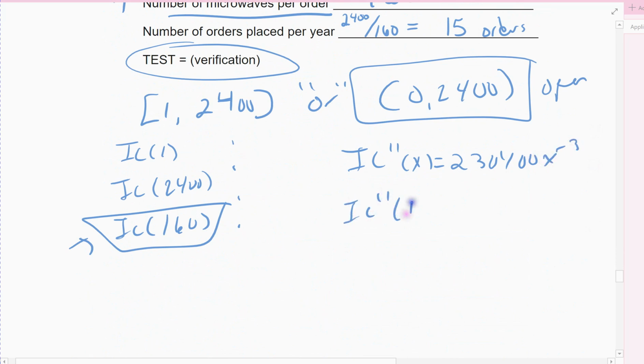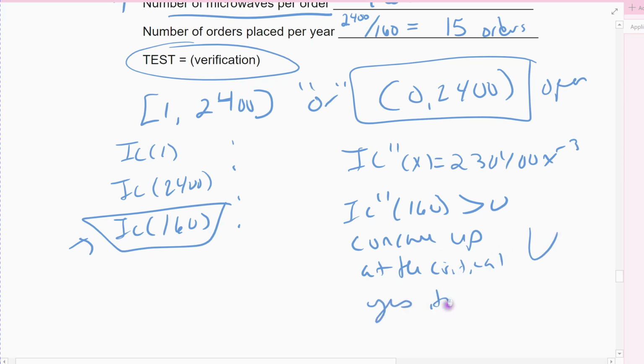When I plug in my 160, that's going to come out positive, right? If I get a positive number, I get a positive number out. That tells me it's concave up at the critical value. So, yep, it's the minimum. The shape comes out concave up at the one critical value, and so it checks and verifies that that does give me my optimum value.